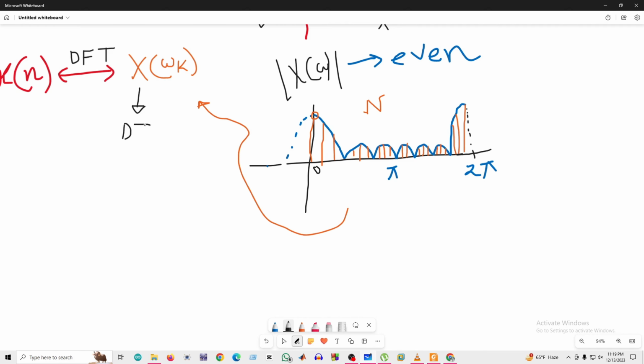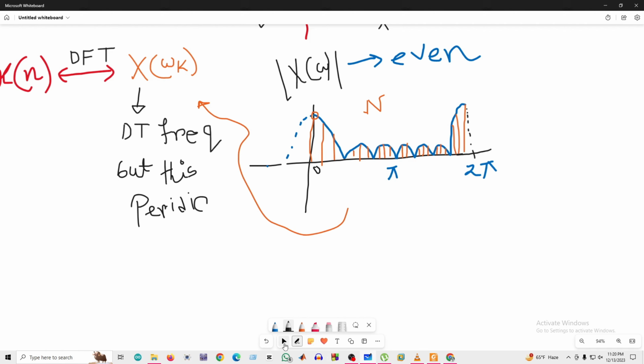So you have a discrete frequency spectrum, and this is periodic, but now it is discrete.